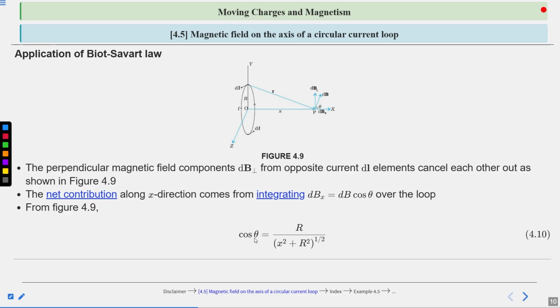So cos theta is base upon hypotenuse. What is the base for this theta? This side, capital R. And what is the hypotenuse? Small r.